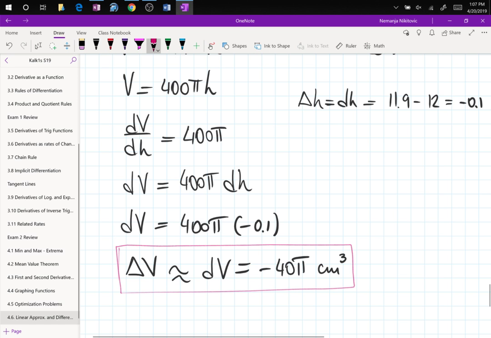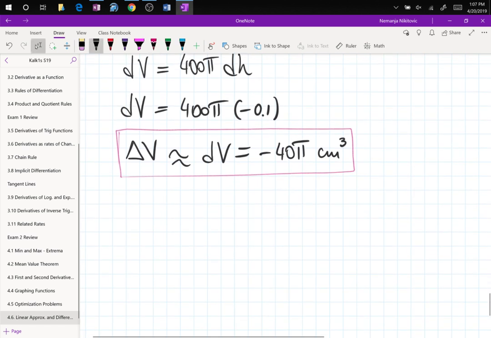Now, to finish off this lecture, we can also use differentials to approximate numbers indirectly, because you have the number that you want to calculate, and then linearization will give you another number, and then there is a change right there.